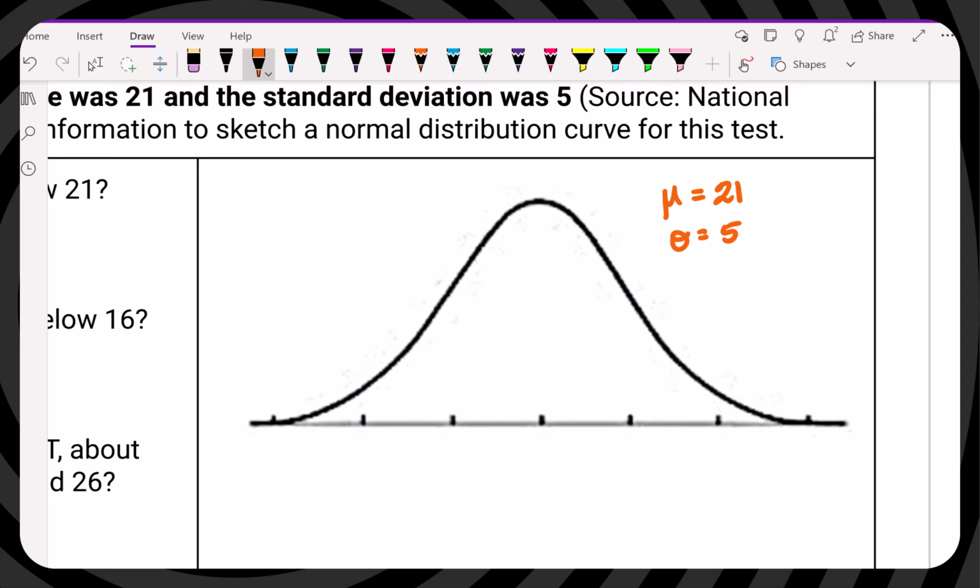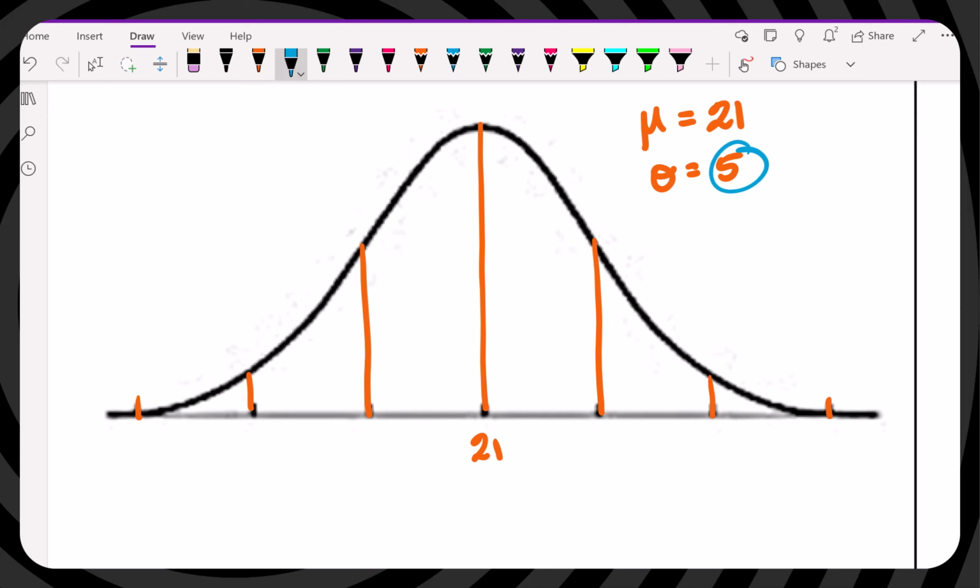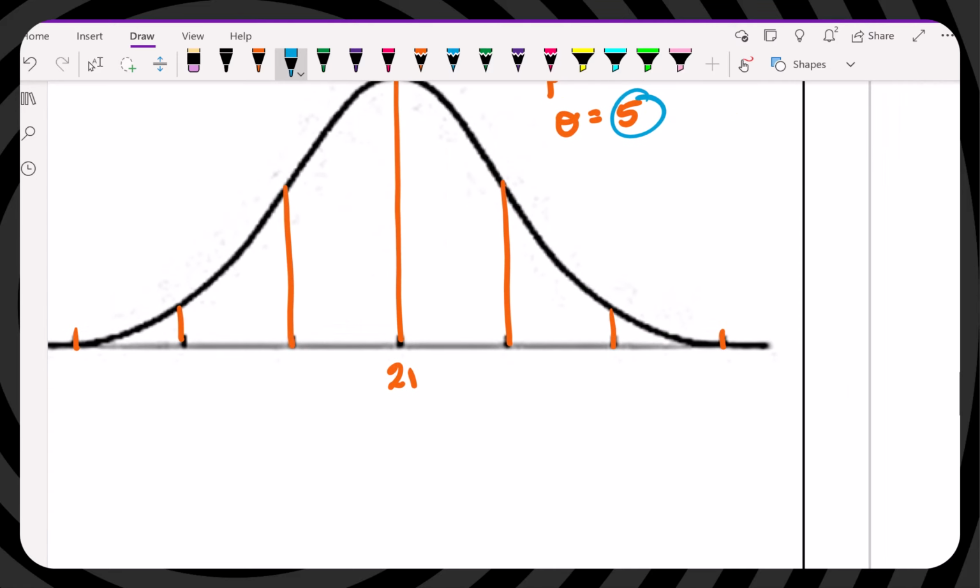So since we know that this is normally distributed, I can go ahead and put 21 right here in the middle. I like to see the lines in my data, so I'm going to go ahead and fill those in. And then I'm going to add 5 to each one of the standard deviations to the right. So 21 plus 5 is 26, plus 5 is 31.